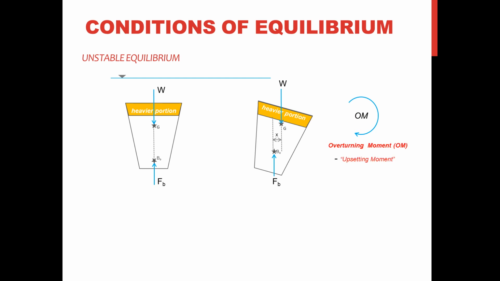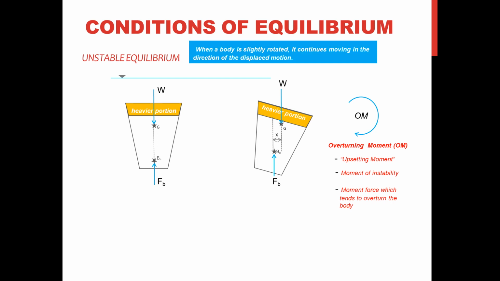The overturning moment, OM, is actually the upsetting moment because it acts along the direction of the tilting. We also have the definition of this OM as the moment of instability. It is a moment force which tends to overturn the body.